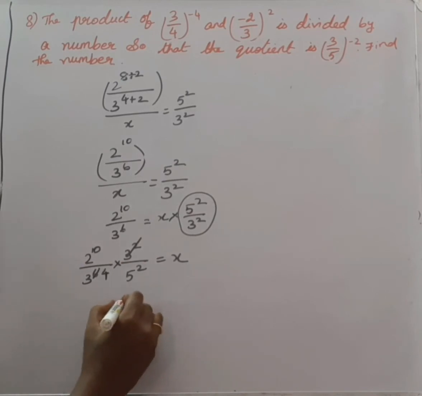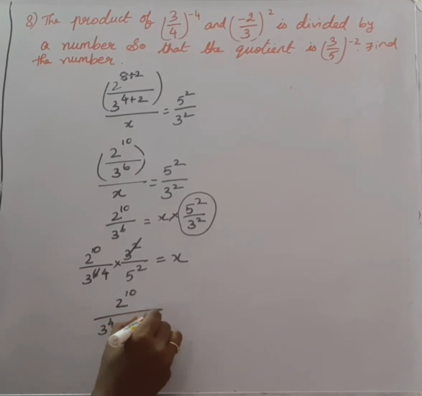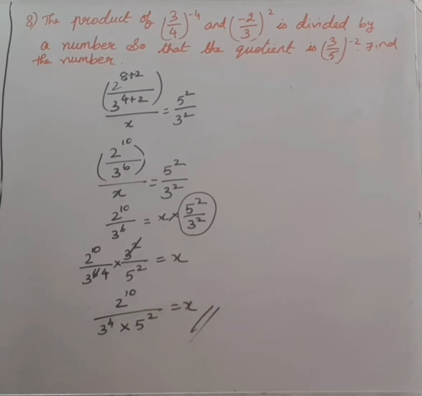So what is remaining here? 2 power 10 divided by 3 power 4 into 5 power 2 is the value of x in this sum.